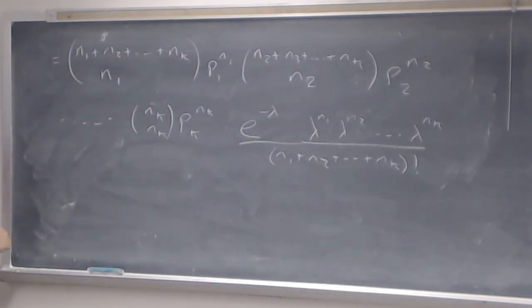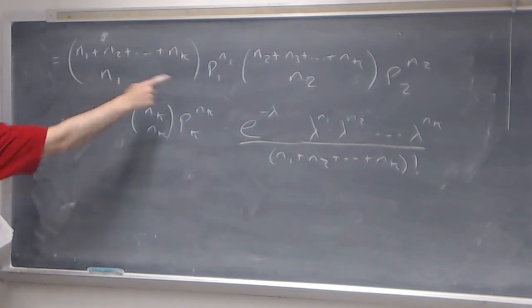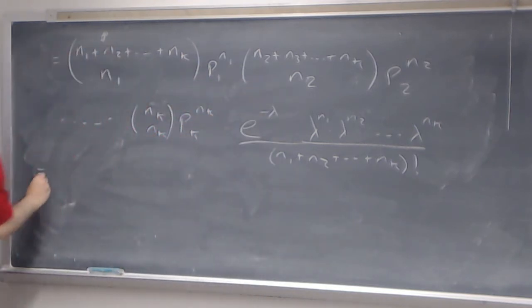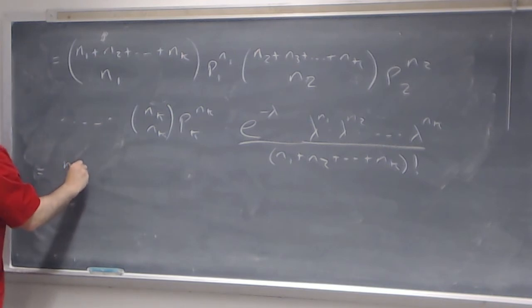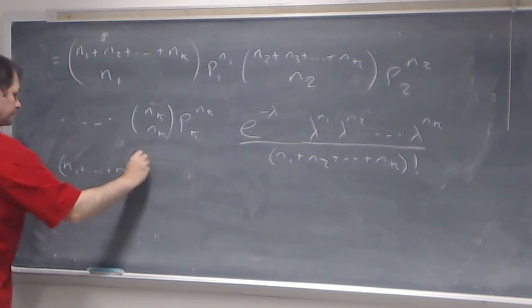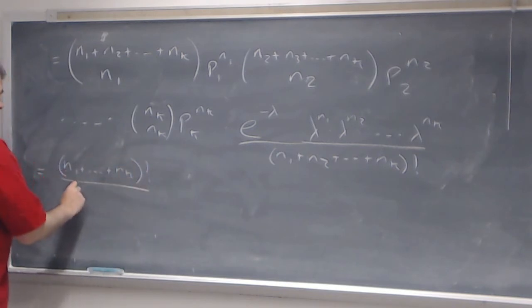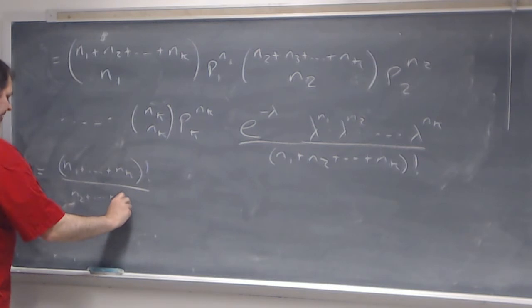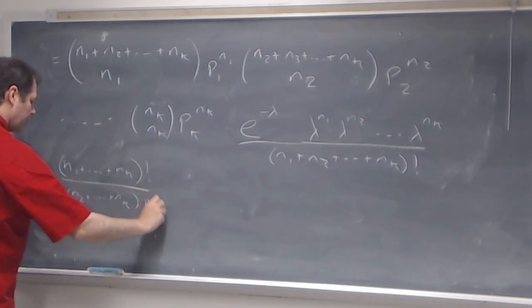Okay? Now look, when we start expanding these combinations, the first one is n sub 1 plus all the way up to n sub k factorial, over this quantity minus n sub 1, so that's n sub 2 plus all the way up to n sub k factorial, times n sub 1 factorial.